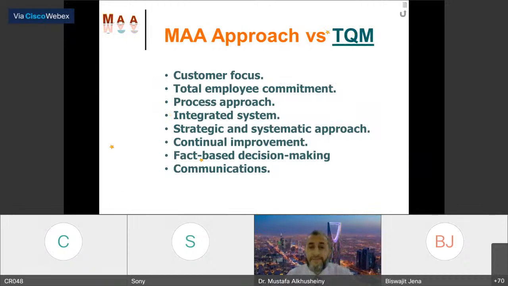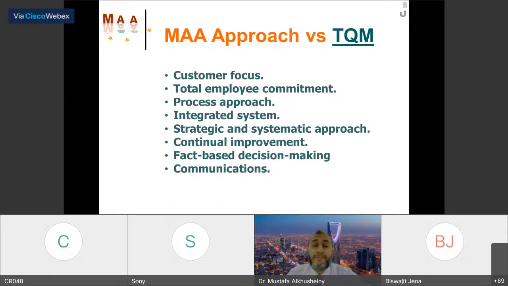Let us talk about total quality management. There are 14 principles, but ISO takes 8 principles from it: customer focus, total employee commitment, process approach, integrated system, strategic and systematic approach, continual improvement, fact-based decision-making, and communications.